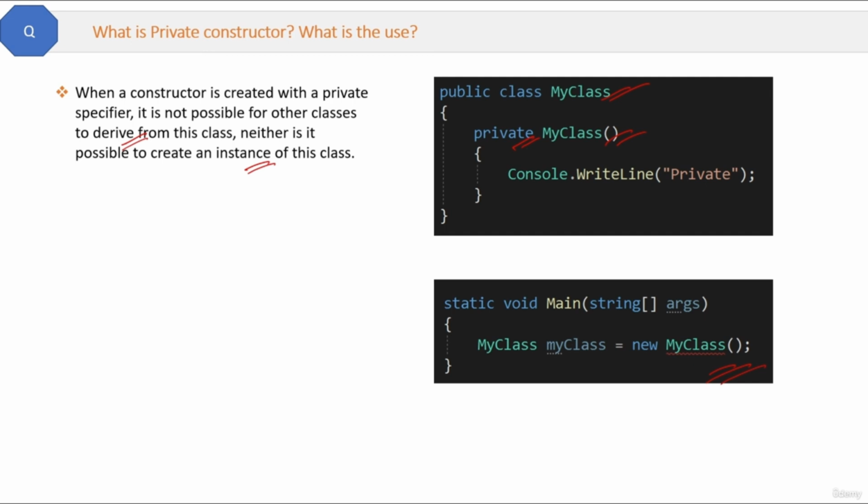Now, private constructors are usually used in classes that contain static members only, because then you do not create the object, neither do you want to inherit from that class. Our practical use of private constructor is the singleton pattern. If you know it, then great, otherwise I will explain this in the design pattern videos.